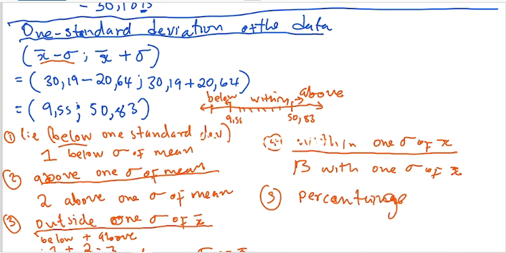Now if they wanted the percentage, they'll choose one between these four. So when they say percentage of, let's use within one standard deviation. Here we get these numbers. So the percentage will be 13 over the total number of the data set, which is 16.